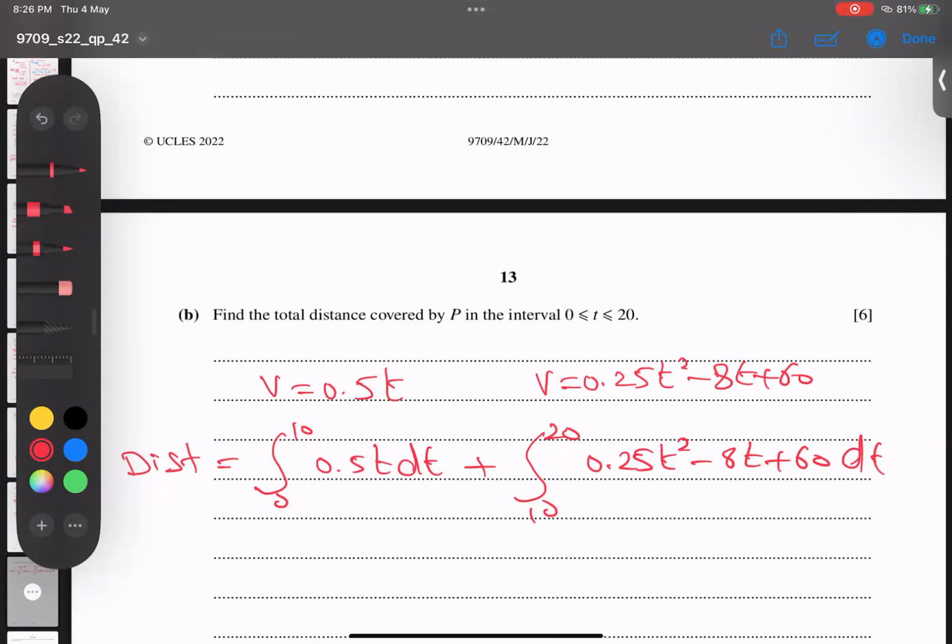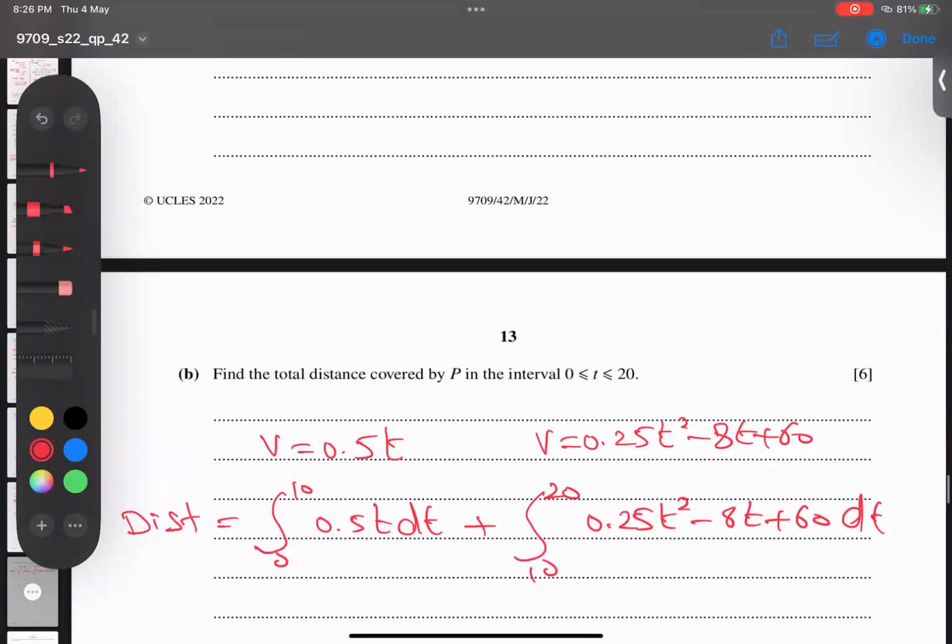This will help us understand whether the particle stops or not. In the current situation, if we look carefully, the second area is coming below. Look here, I'm going to show you.